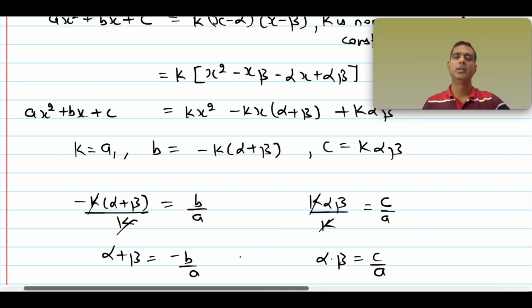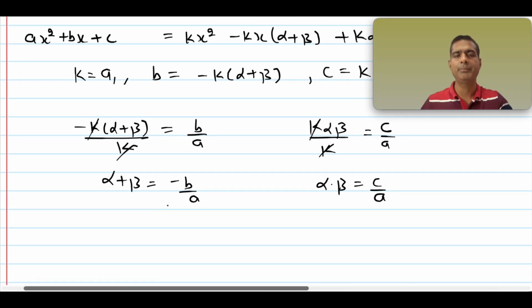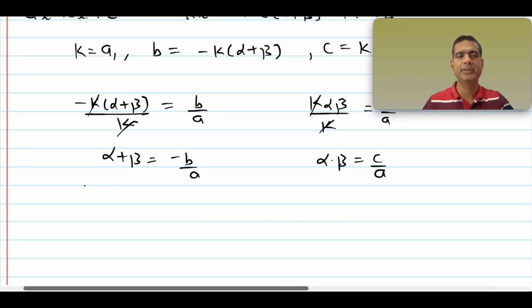So from here, we can say that if there is a quadratic equation ax square plus bx plus c, and its roots are alpha and beta, so we can say alpha plus beta. What is alpha plus beta? Alpha and beta are the roots, and we are adding them.